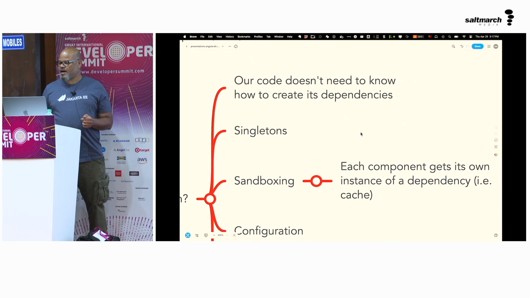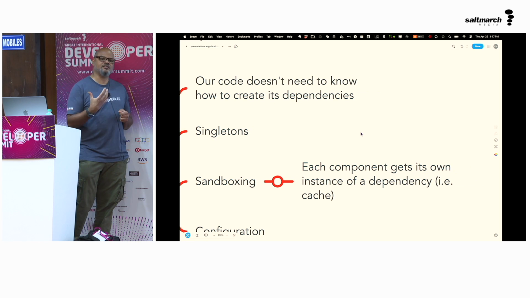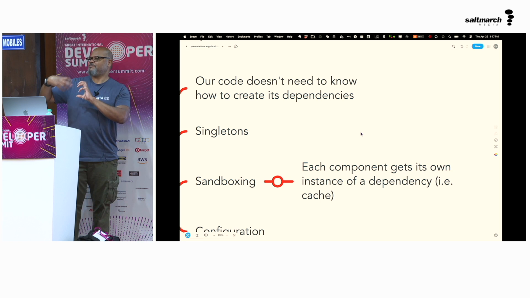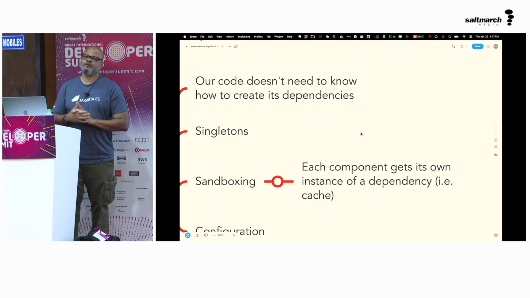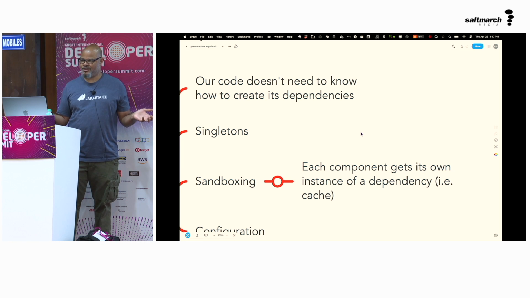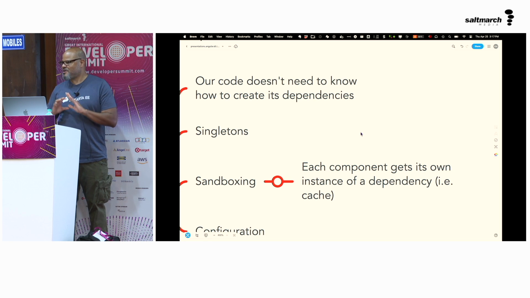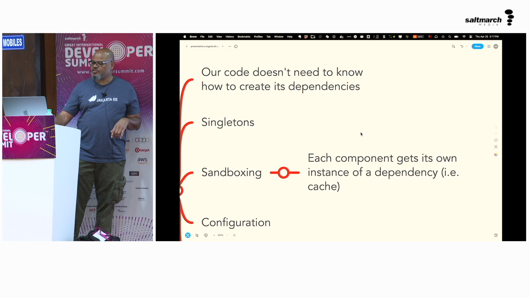Also, you can do sandboxing. Each component can get its own instance of a dependency. This is useful if you have a cache that's really more scoped at a component level. Like you have a cars component, and your cars component wants to have a cache of its stuff, but it doesn't need to share it with any other components. So you can do things that way. Also, it helps with configuration.